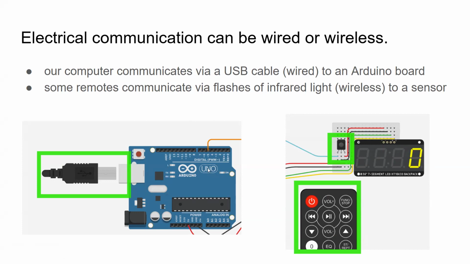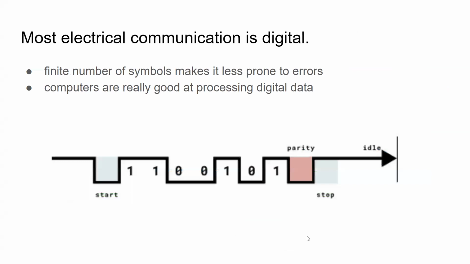Some examples of wireless communication would be remotes. For example, we have this infrared remote in our kits, which transmits data in the form of infrared light. So this light is flashing on and off. You might think of this like Morse code or just any kind of digital communication, really, right? So it's high and low. Again, most electrical communication is digital, right?